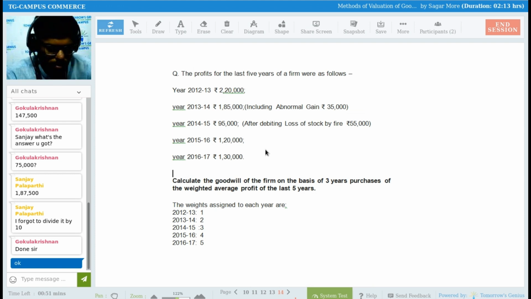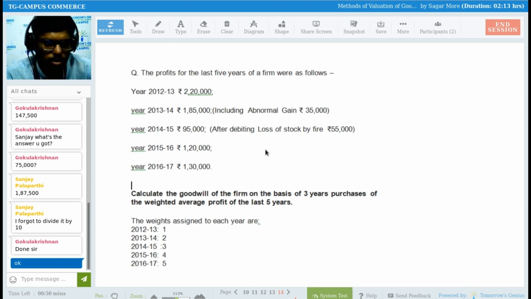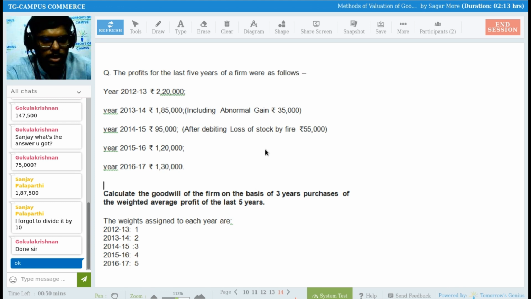See another question. Now it is weighted average profit, but things will remain the same, right? First of all, you have to calculate the correct adjusted profit. Then you can assign weights.